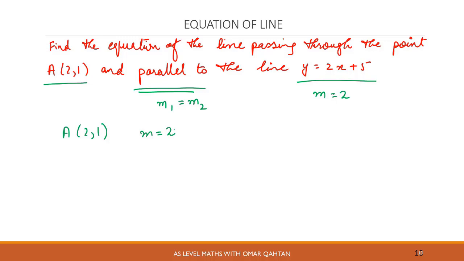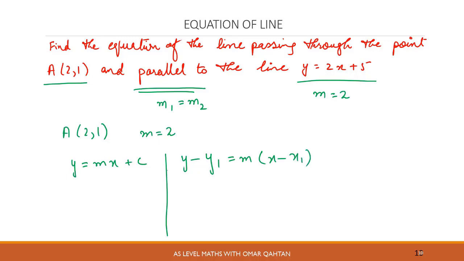So whenever two lines are parallel to each other, you need to take out the gradient from the other line and then substitute it back into the equation. We have the equation y equals mx plus c. Either you can use this equation, but I would prefer to use this equation: y minus y1 equals m times (x minus x1).